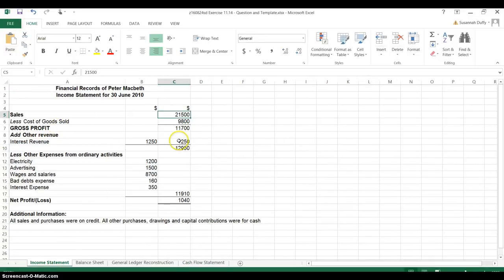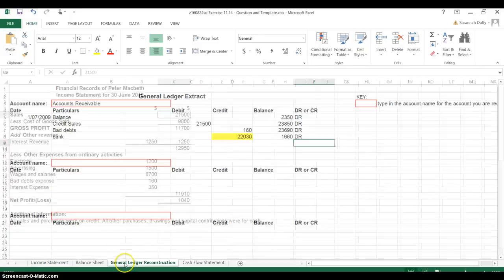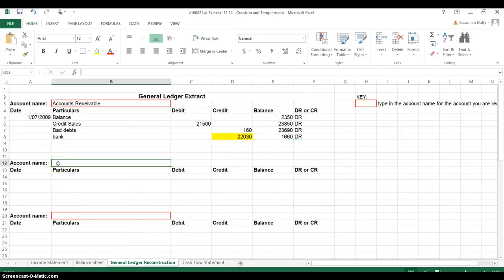So we've got cost of goods sold here. It says down the bottom though that purchases were on credit. So if you see that purchases are on credit, it means that you need to record in your general ledger, you need to reconstruct your accounts payable account.